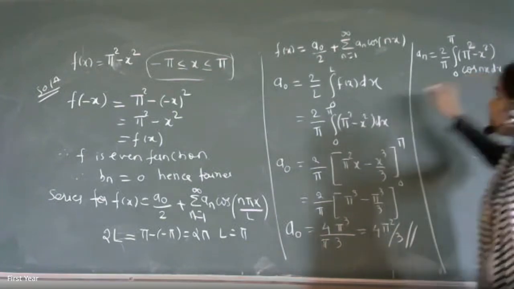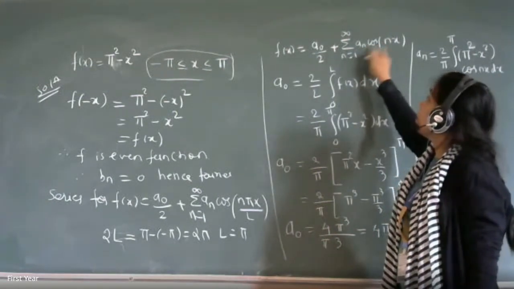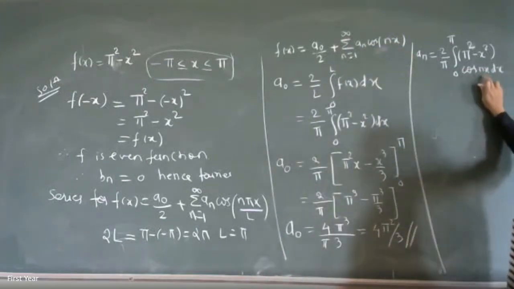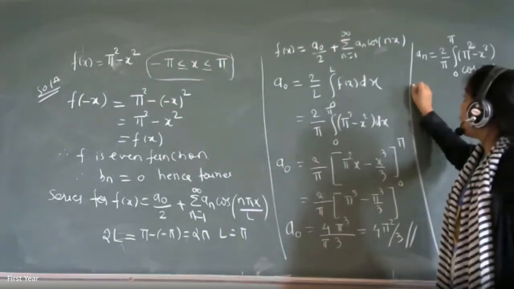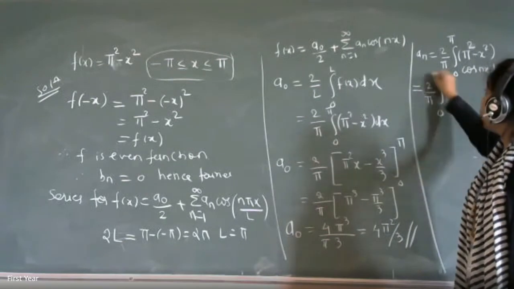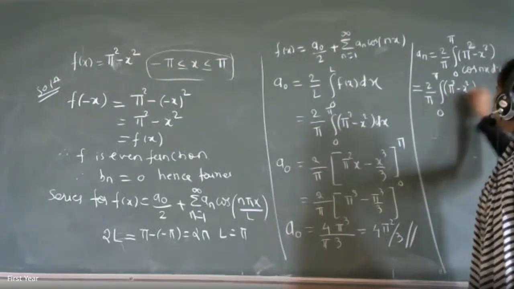The importance of writing this Fourier series is that whatever is written with a is the coefficient of cos nx that will appear in the integration. So your an value becomes 2 by pi integration 0 to pi of pi square minus x square into cos of nx.